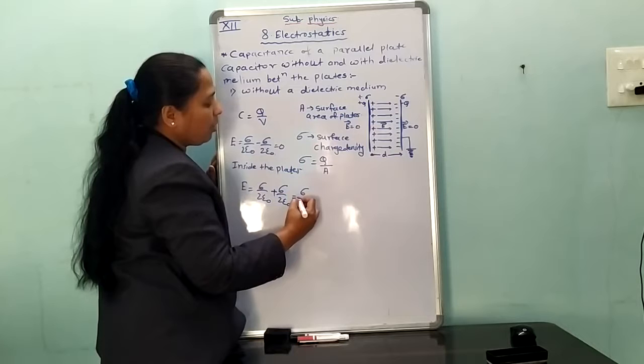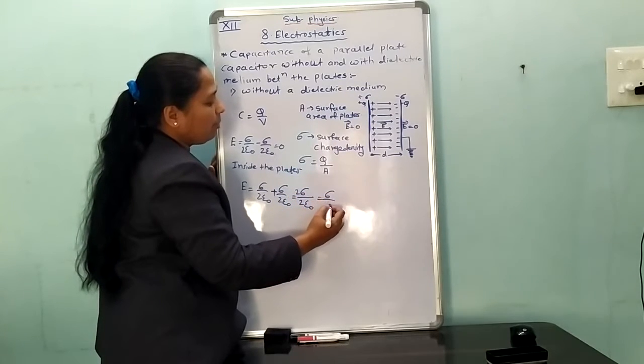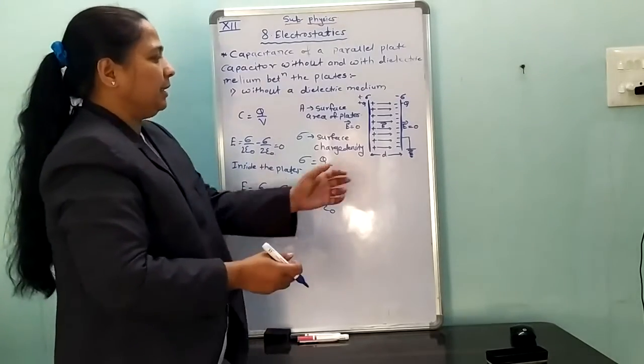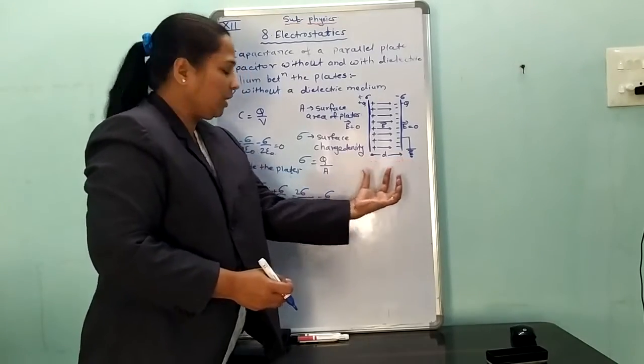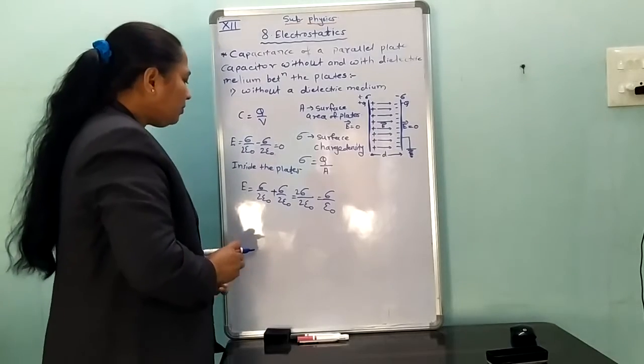The net electric field between these two plates is sigma upon epsilon 0.